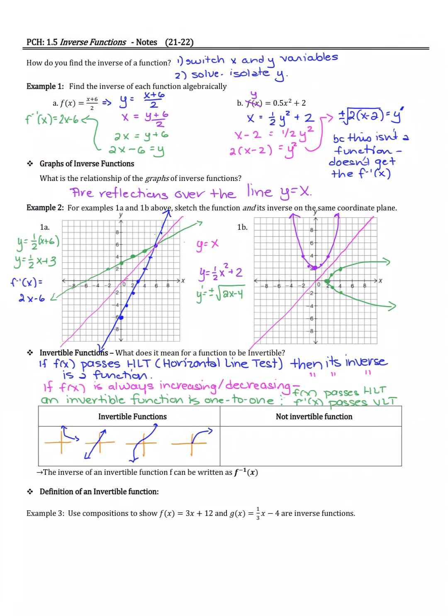Not invertible. Let's give ourselves a couple examples. Notice on the invertible side, all of those would pass the horizontal line test. So not invertible would be, say, a parabola, because you've got to turn around there. Or we saw before, a sideways parabola.